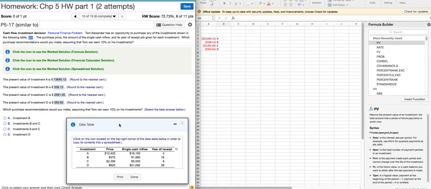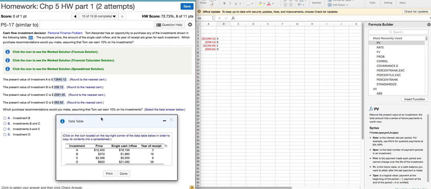The next part of the question asks, which purchase recommendations would you make, assuming that Tom would earn 10% on his investment? So if he has the funds to enter into any or all of these investments, he would want to certainly invest only in the ones where the present value of the cash flows would be more than what the investment would cost.